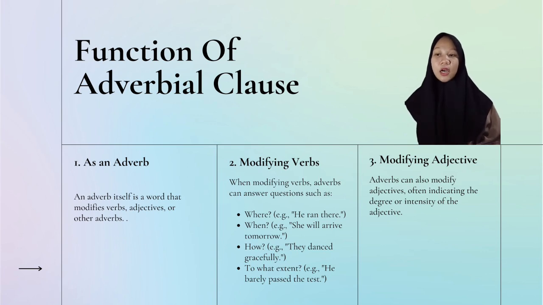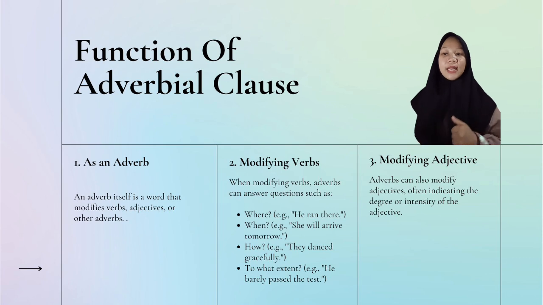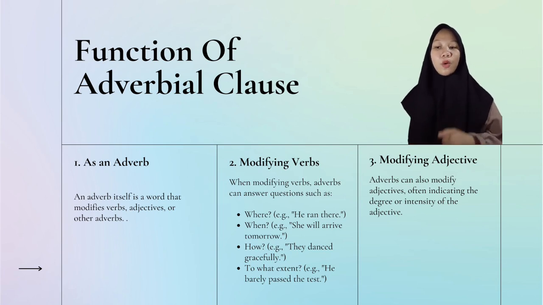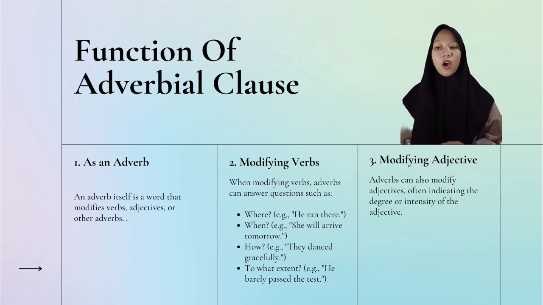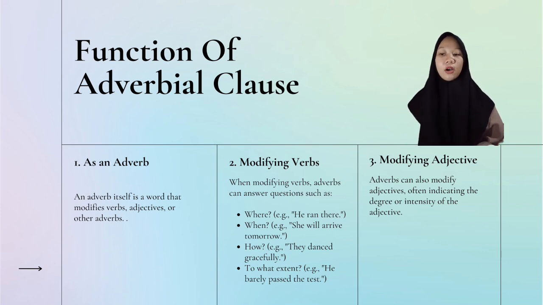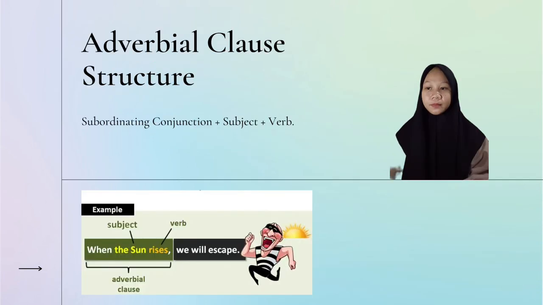The second is when modifying verbs, adverbs can answer questions such as where, the example here, "run there." And last, adverbs can also modify adjectives, often indicating the degree or intensity of the adjective, helping provide a clearer picture of the quality being described.